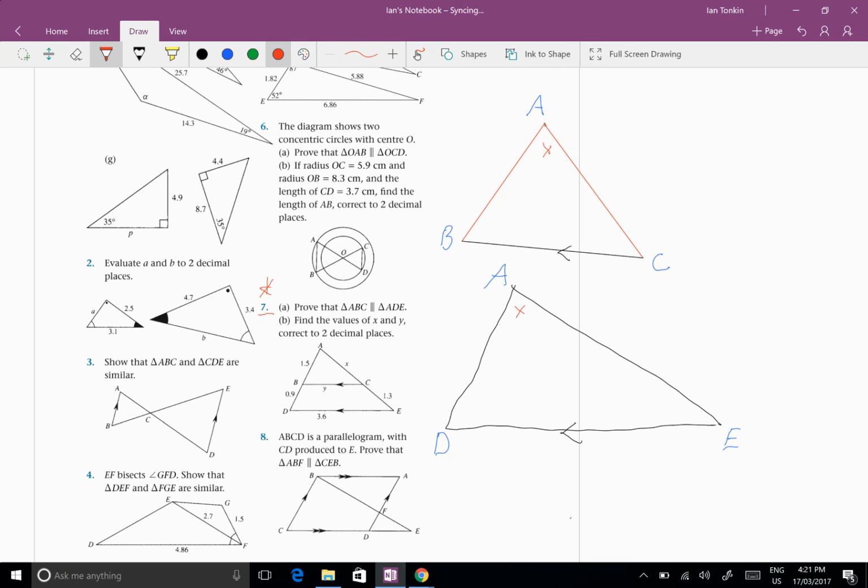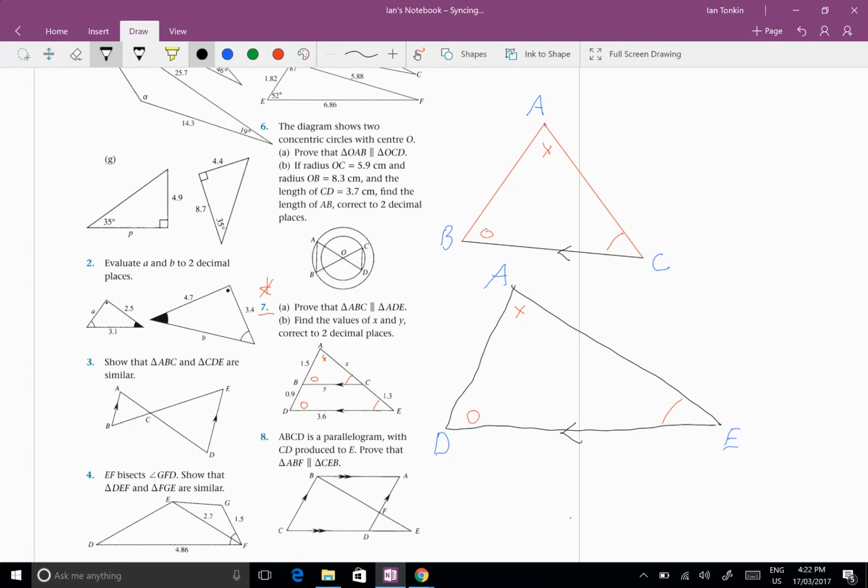Then this angle and this angle are these two angles on the original diagram, and they're corresponding. And this angle and this angle are these two angles on this diagram down here, and they're also corresponding. And of course, here's the common one. So I very quickly get similar triangles.